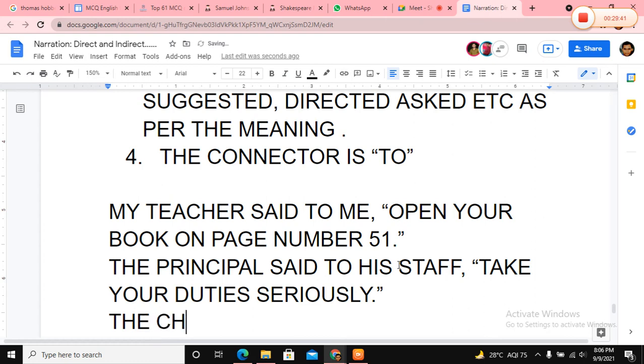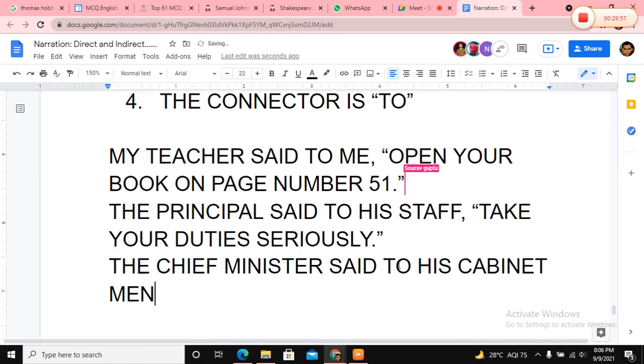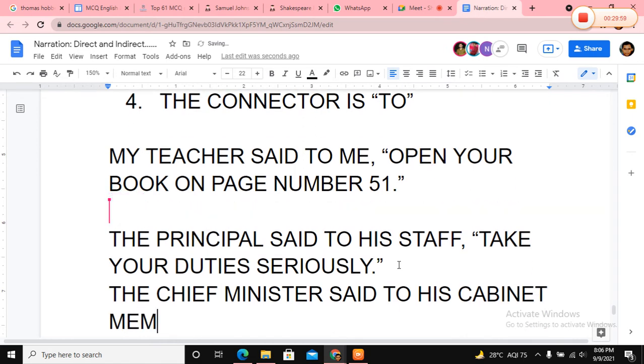The chief minister said to his cabinet members, ... You can start solving these sentences if you got the rules. Cabinet members.